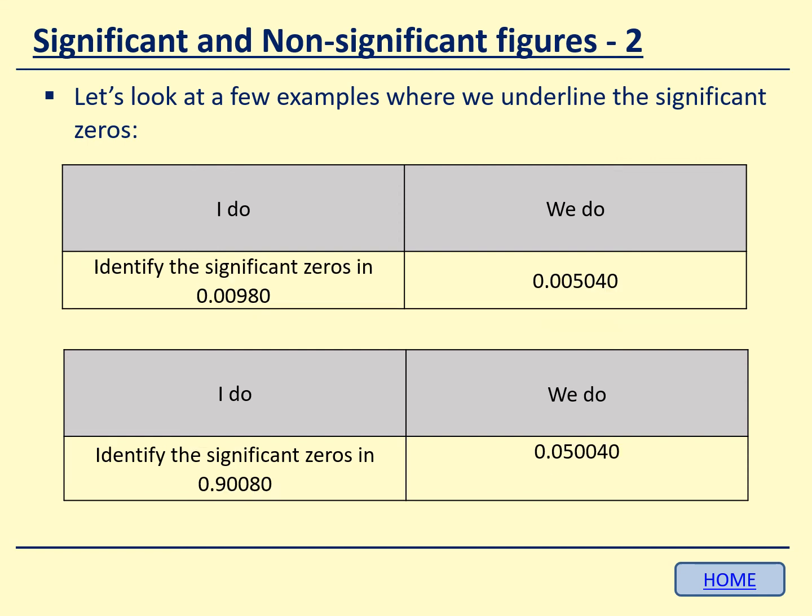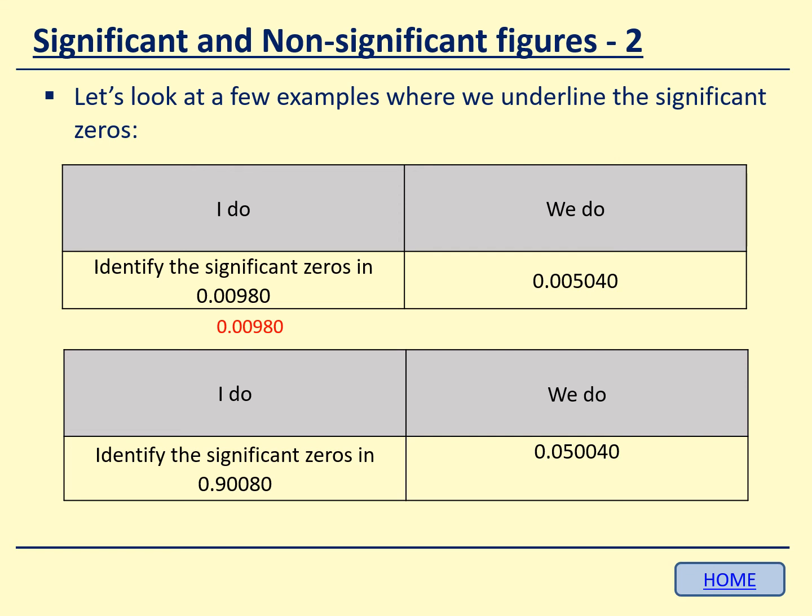Next example, identify the significant zeros in that number. I'm looking at that number and I haven't underlined any zeros, because if I was rounding to a number of significant places, there are no significant zeros in that number.